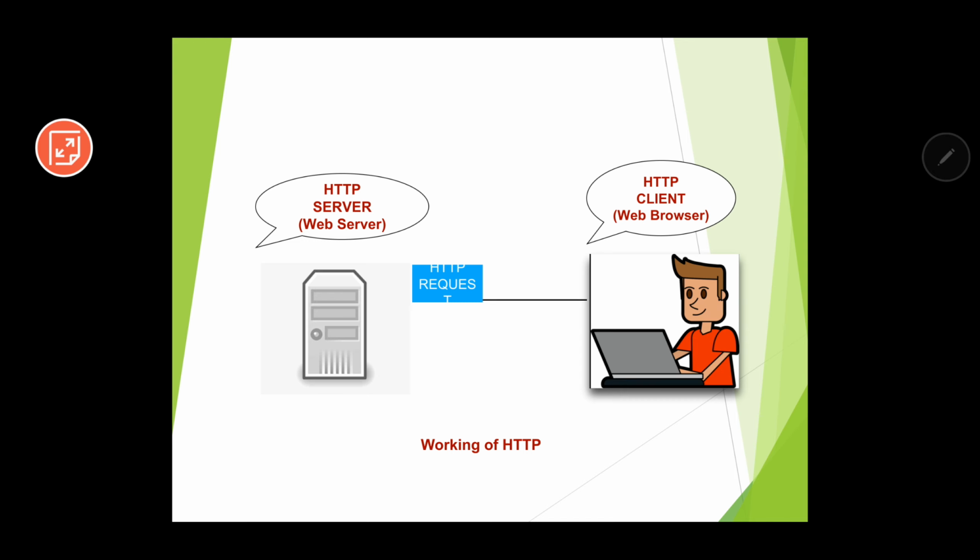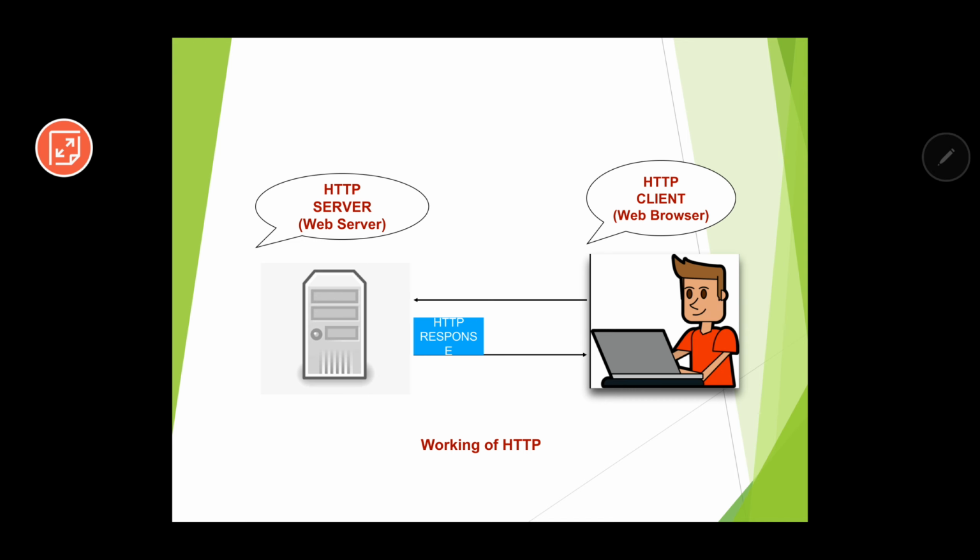Then the server will process the request, and after processing the request, what will it do? It will send you a response along with the web page which you have requested. What is the web page which you have requested? You have requested www.google.com. So it will send the response to the client. That means it will send the response to your web browser and you can access that page. So this is the working of HTTP.